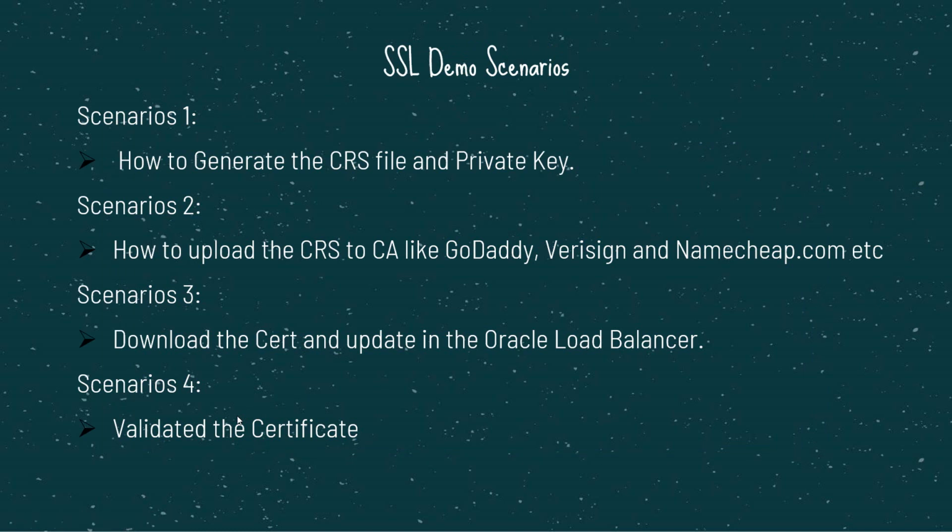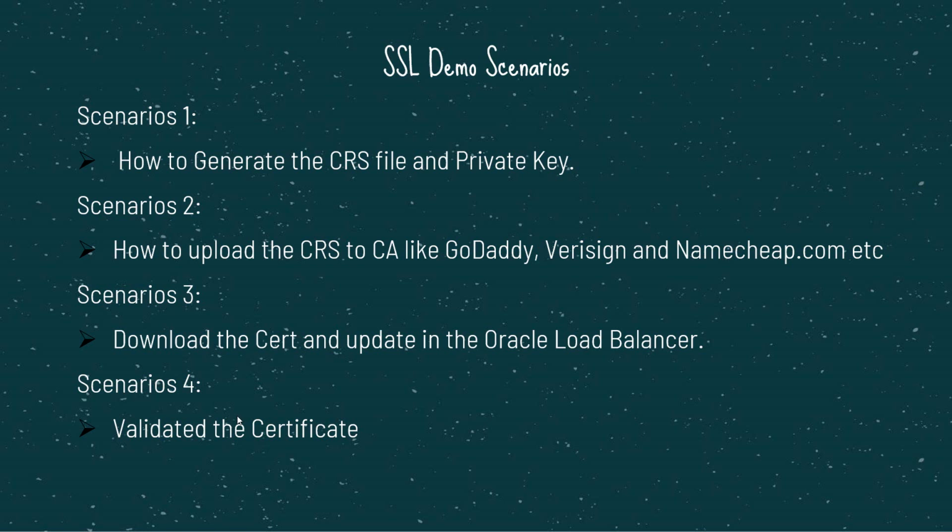Today, I'm going to have 4 different scenarios, and what we are going to do in each one. Scenario 1, how to generate the CSR file and private key so that you can provide it to your CA, also called the certificate authority. There are n number of them. You give the CSR so that they can provide you the SSL cert.